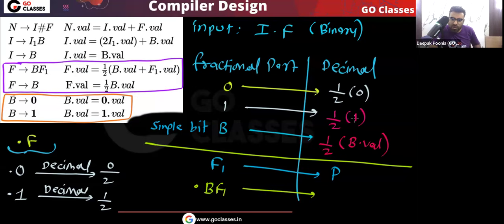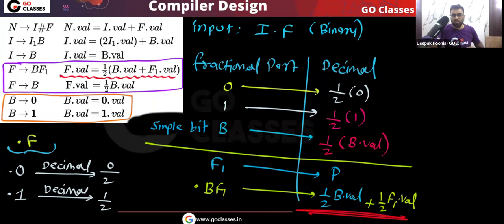So overall the decimal equivalent will be 1 by 2 b value plus the value of f1 divided by 2, that is, 1 by 2 f1 dot value. This is the same thing that is written here: f dot value equals 1 by 2 b value plus 1 by 2 f1 value. I hope you understood this.